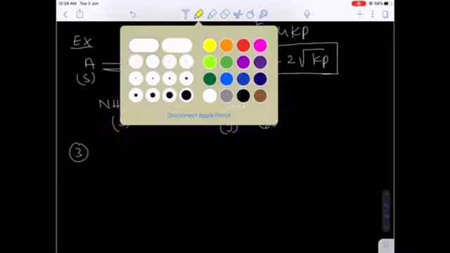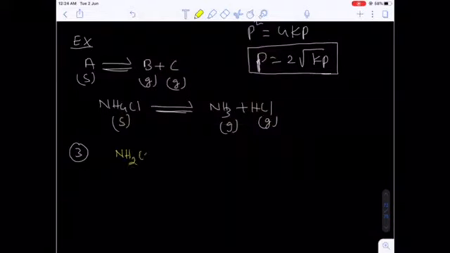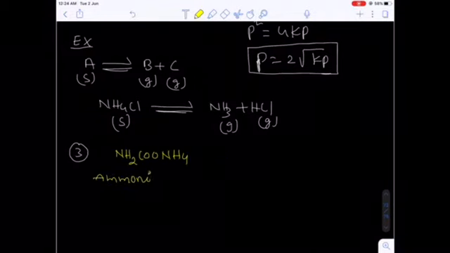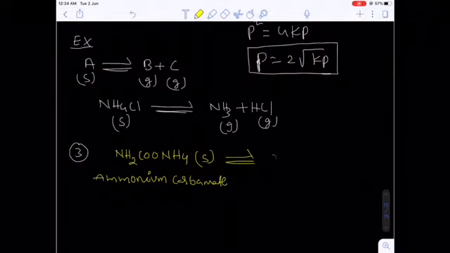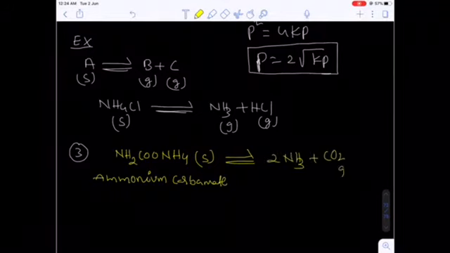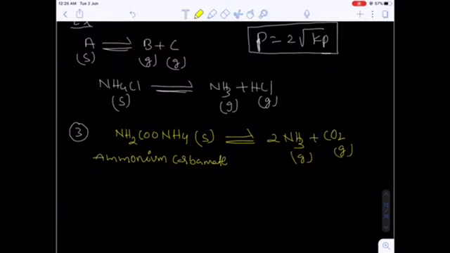And one more example we are writing here. Example number 3. Ammonium carbamate. This is a solid. On decomposition, it will give ammonia gas and carbon dioxide gas.